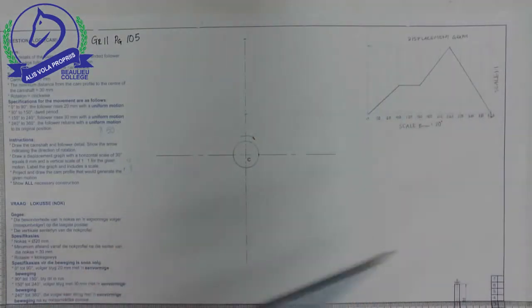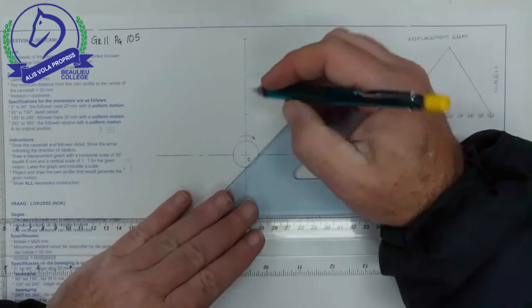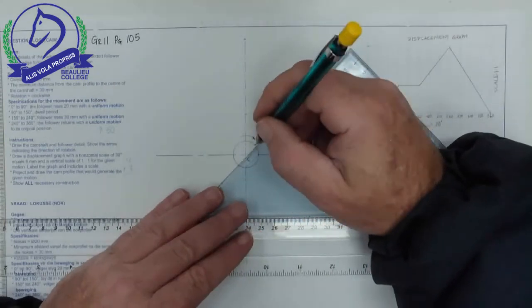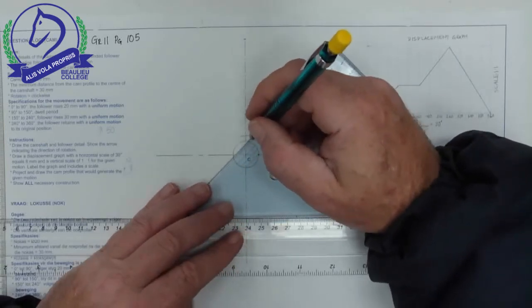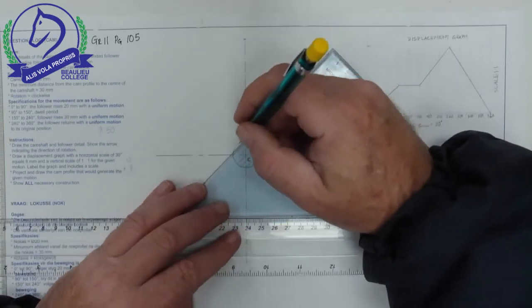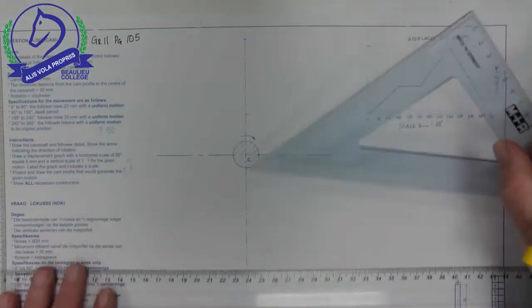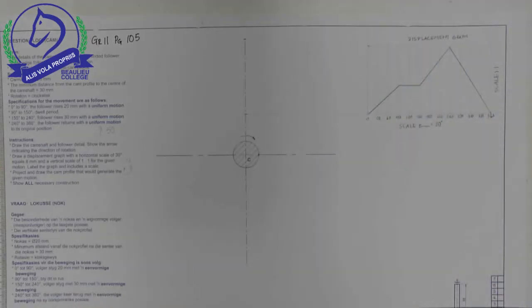There's my arrow, and we need to do the hatching of the camshaft. Marks get awarded for doing these small little things, so make sure that you are doing these small little things, putting in the arrow for the direction of rotation and hatching your camshaft. Much the same with your labels.